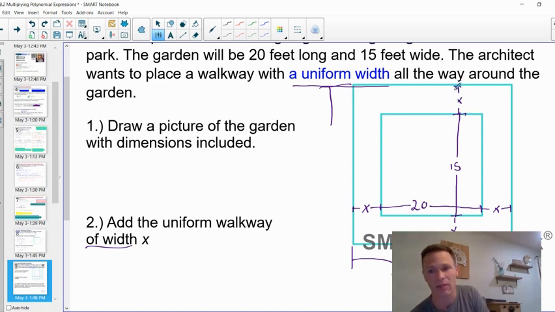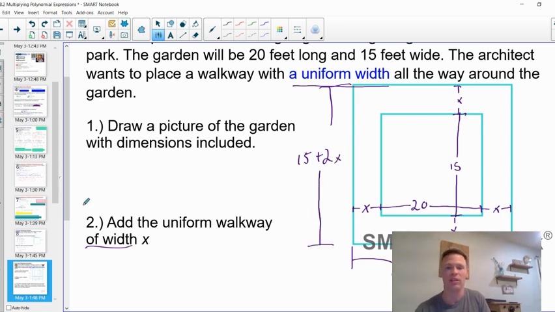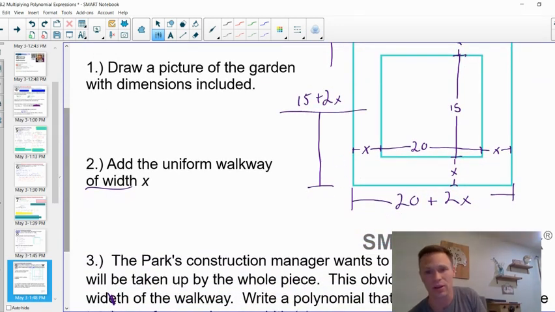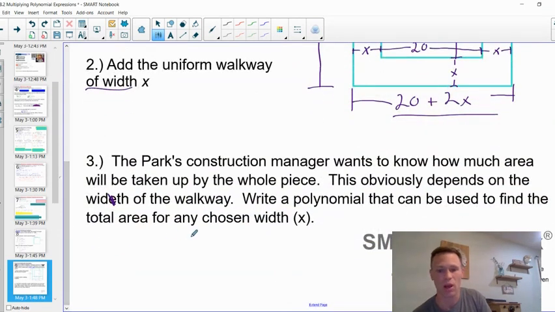But again, I have that same walkway on either side of the 15, here and here. So it's going to be 15 plus this x on this side and that x on that side. So 15 plus 2x. So I got 15 plus 2x here, and I got 20 plus 2x there. Those will give me the dimensions of the whole thing.